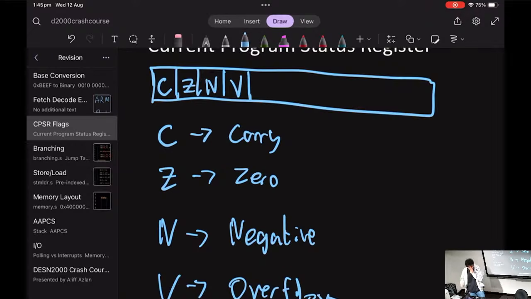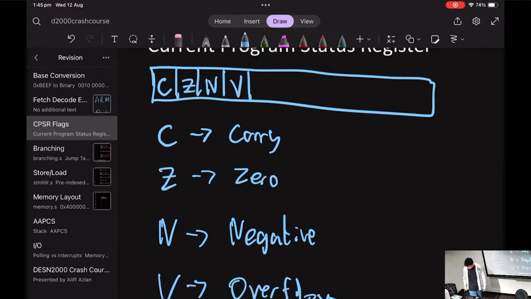Now, the thing about this is, well, this is pretty much self-explanatory, but what tends to catch people off guard is when they are actually changed, and the scenario in which these flags are updated.